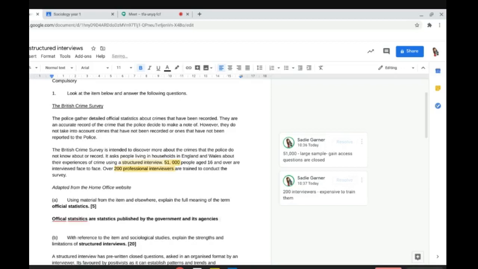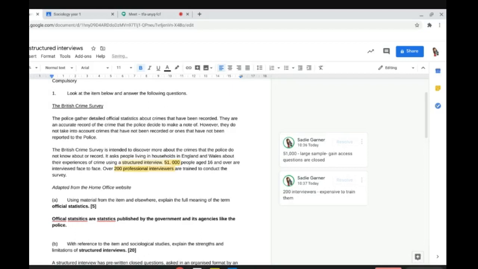I know it's a really weird definition because you're like, well, official statistics are statistics produced by official agencies, but they're statistics published by the government and its agencies, like the police. That's 1 mark. Always in the 5s, think of it, definition mark, ding. Right, 2 clear points about it. So what they are, they're published by the government and its agencies like the police.